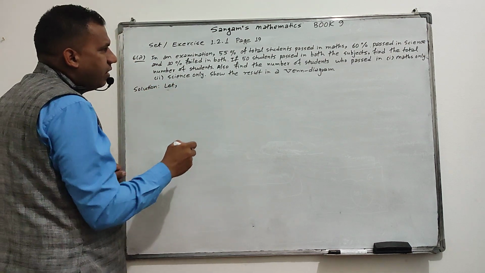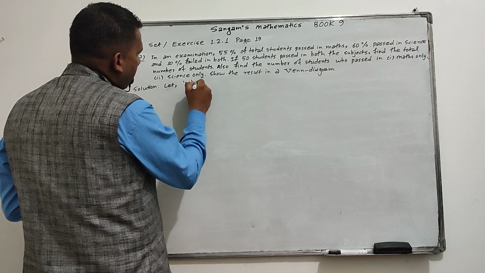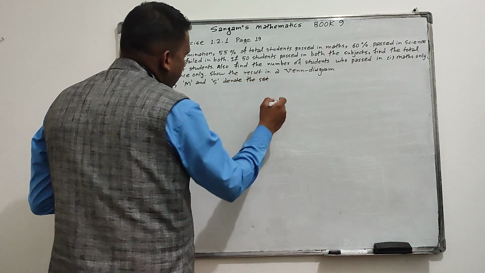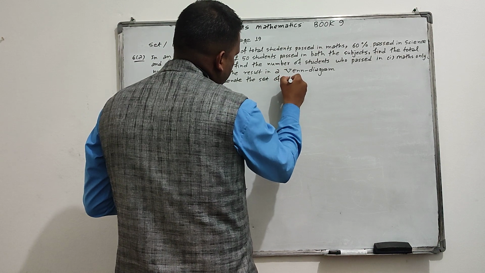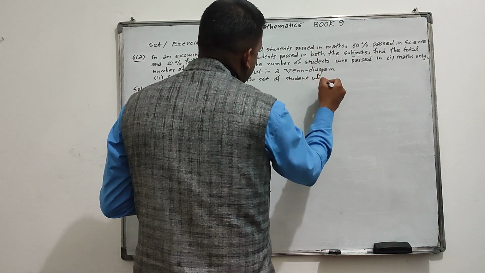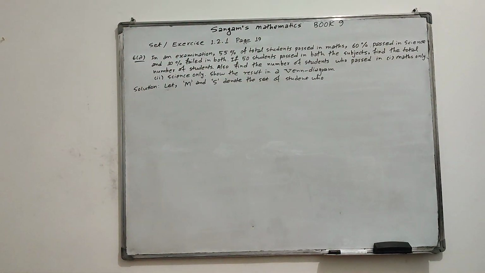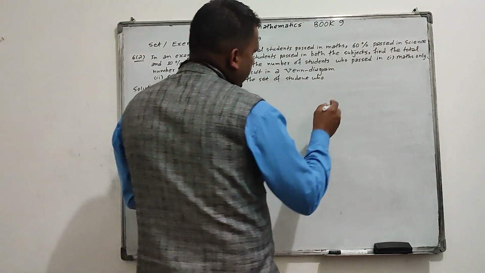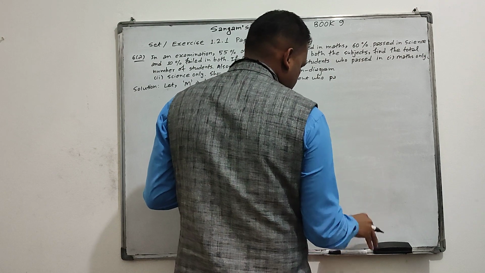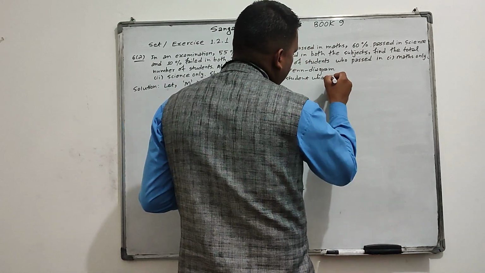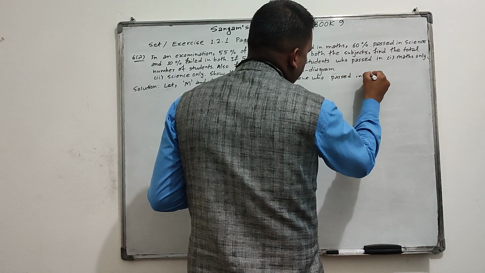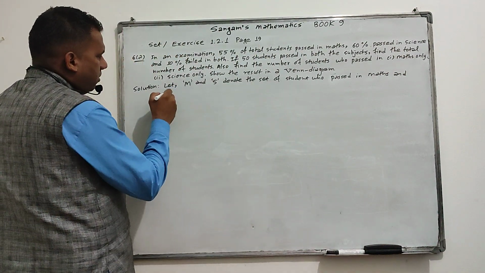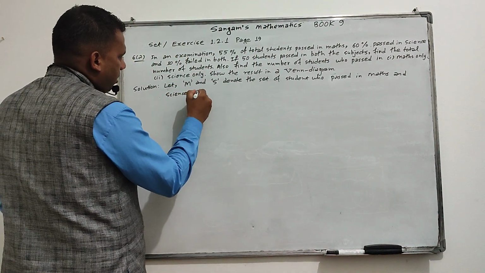Let M and S denote the set of students who pass in math and science respectively.